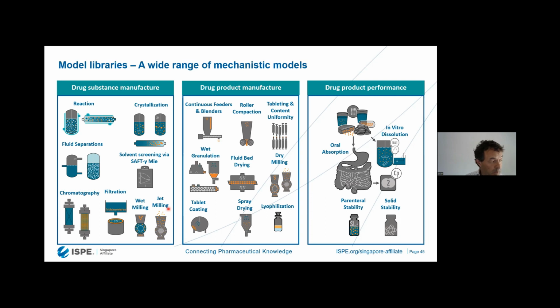We had a user meeting last October in London, and there was a whole session on regulatory aspects, ranging from using models for filing control strategies to looking at the GMP aspects, 21 CFR Part 11, if you want to use the model in commercial manufacturing.